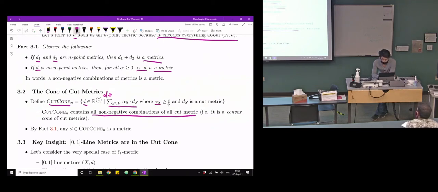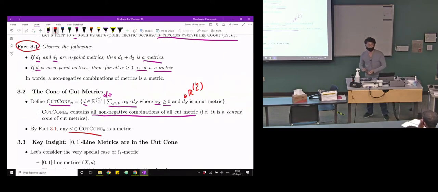So each coefficient here is non-negative, and each of these is an endpoint cut metric. If you know the term, this is the convex cone of all cut metrics. But this is just the definition, and you can see from this fact that anything in this cut cone is a metric as well.